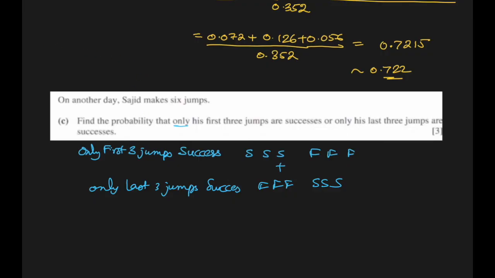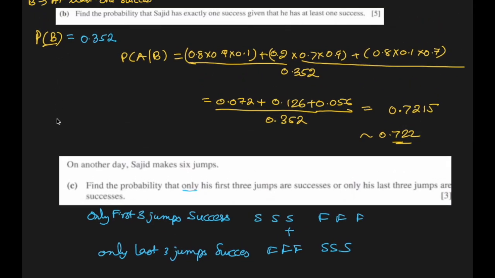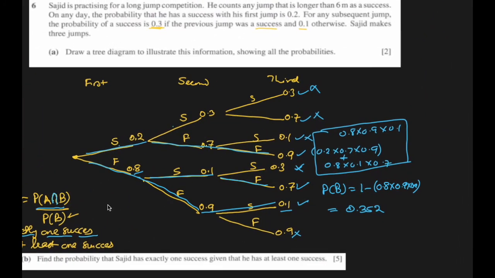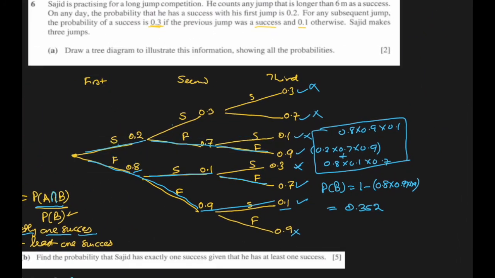If we go to our tree diagram, we'll look for the success, success, success branch, and make the next 3 failures. The first branch is success, success, success. That means if I go to the next one, the probability of failure after success will be what? Success after success is 0.3, because I'm not interested in success next, so it will be 0.7, right? Now it's a failure, and I want the next also a failure.